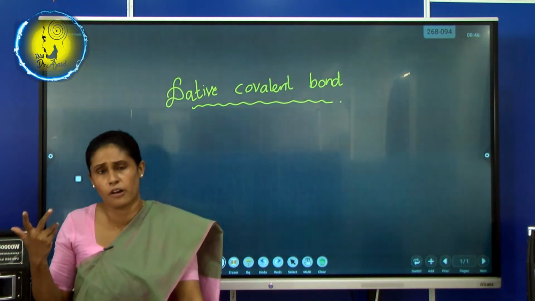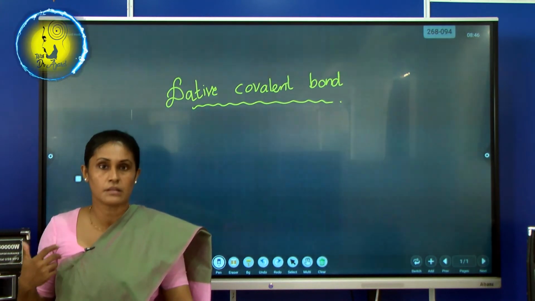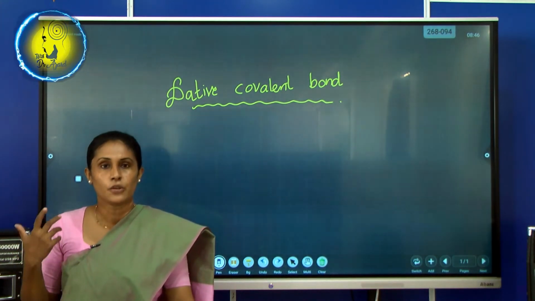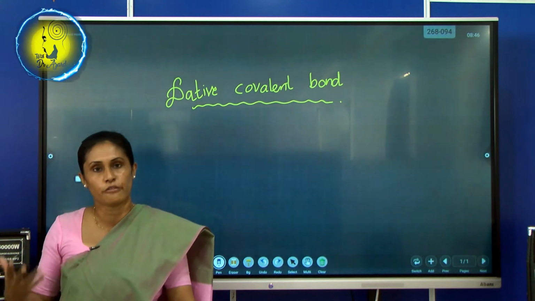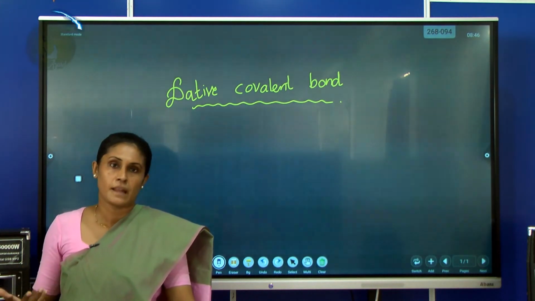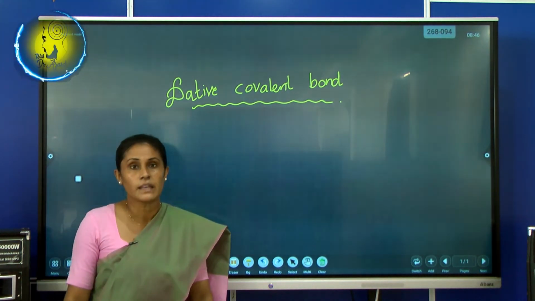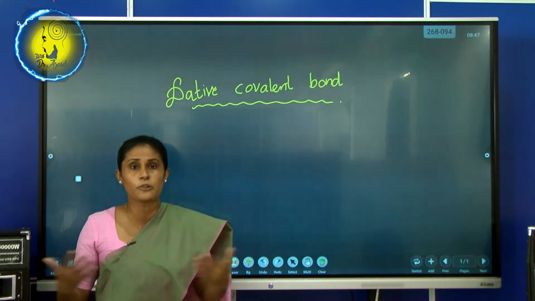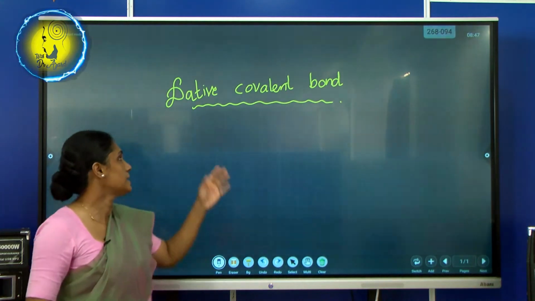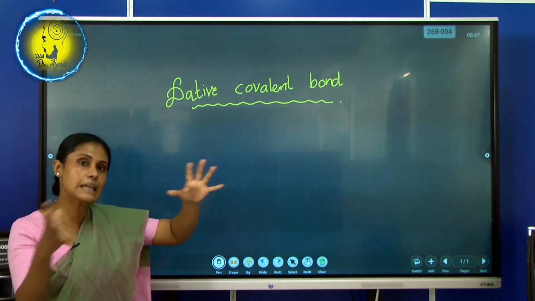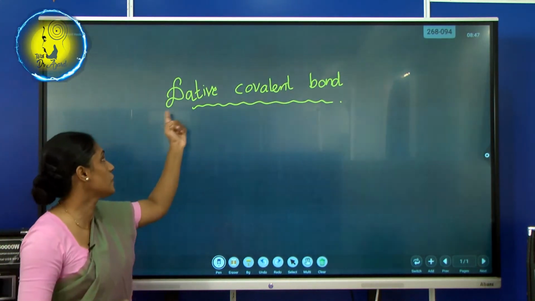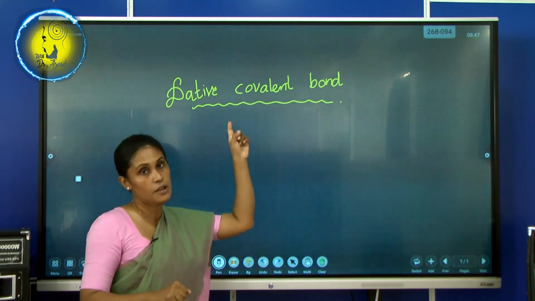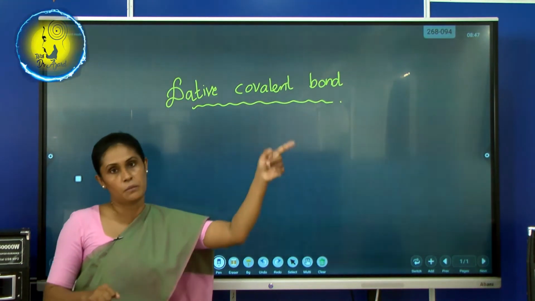Therefore, they always seek dative covalent bonding. If you are sick, you need the support of somebody, your mother, your father, your friend, your relatives. Why? Because you can't stand straight, you can't eat properly, you need support from somebody. Like that, beryllium and boron need support to have stability. That's why they always choose dative covalent bonding.